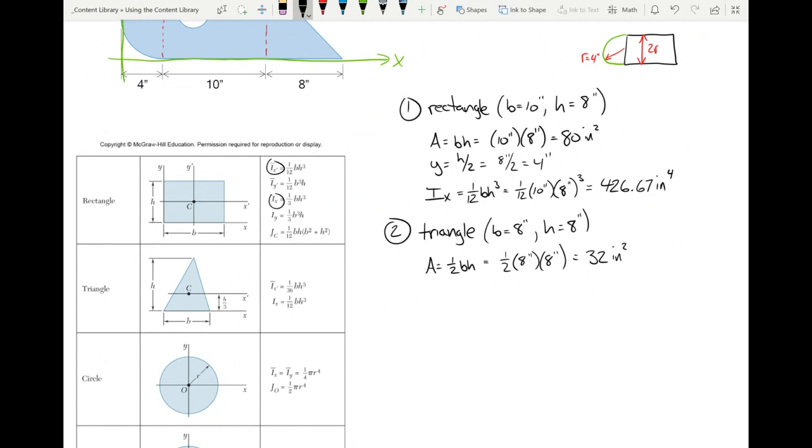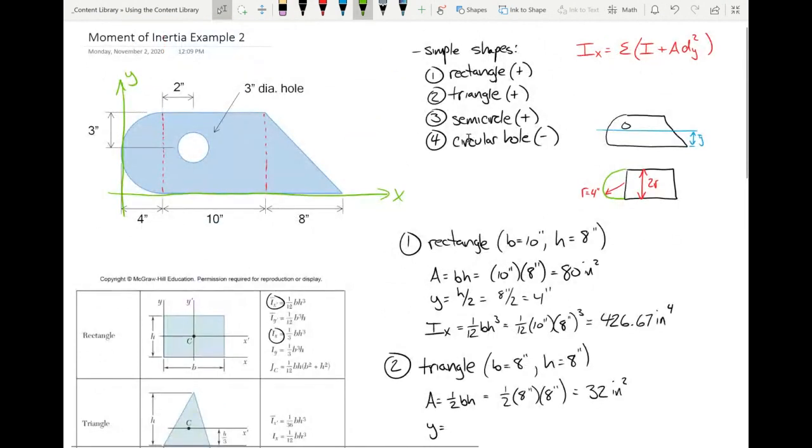Okay. What about the y? Okay, so help me out. If we agree that this dimension is 8 inches, then help me out. Where is the centroid? How far up from the x-axis do we have to go to get to the centroid of that triangle?